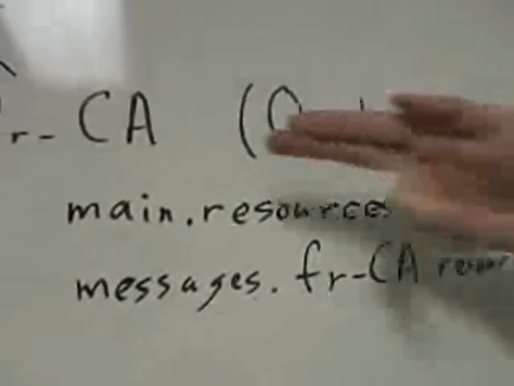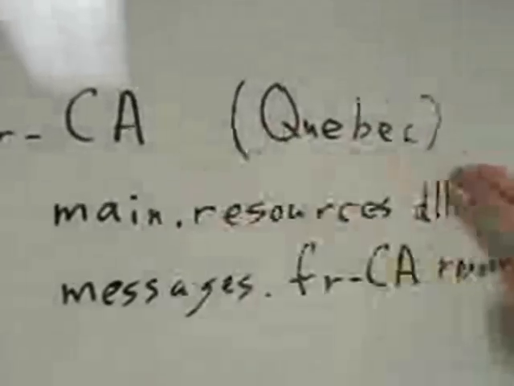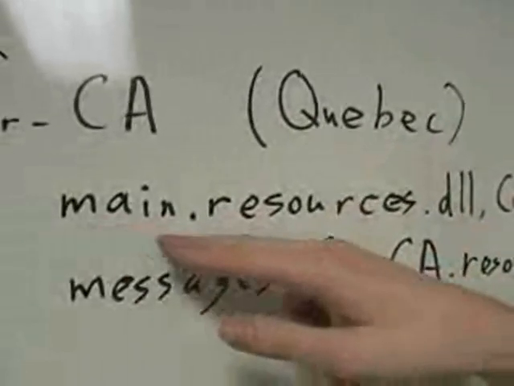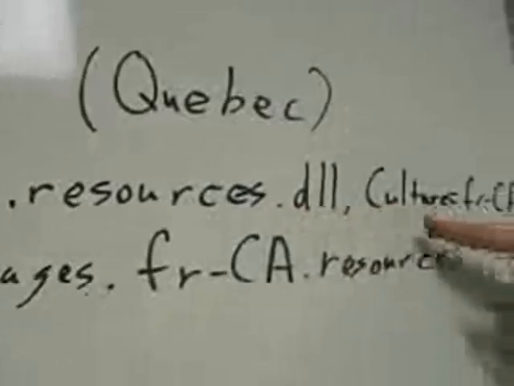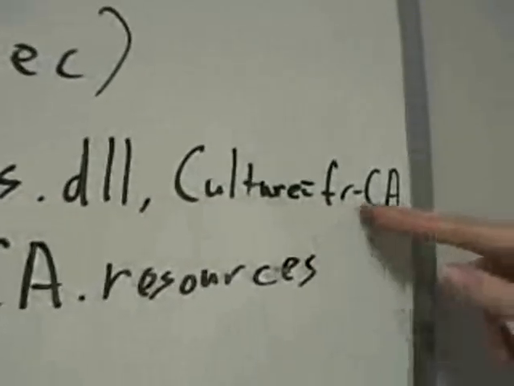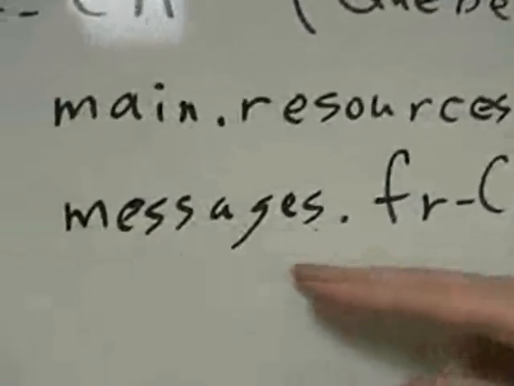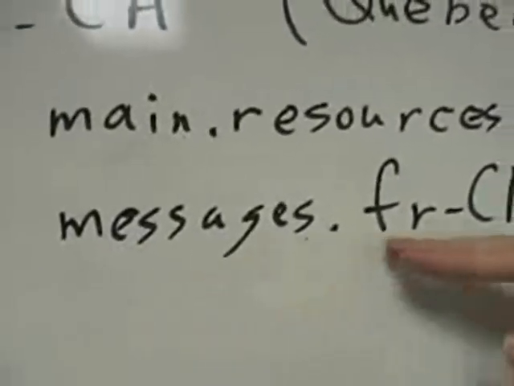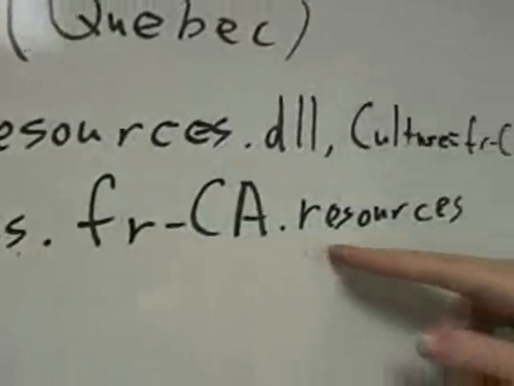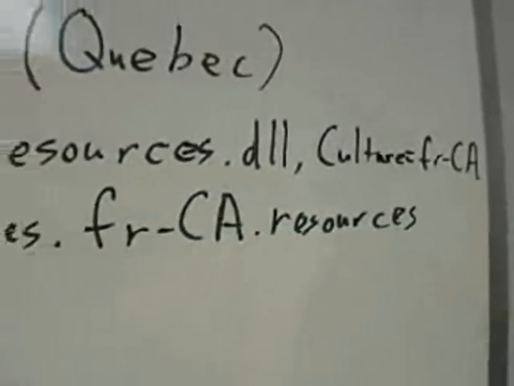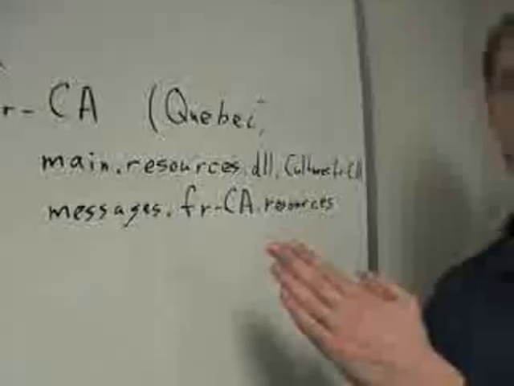So then within the French-Canadian satellite assembly, once again, it's named main.resources.dll, and your culture is fr-ca for French-Canadian. Then you have a file in there named messages.fr-ca.resources. This will give you your French resources as well.